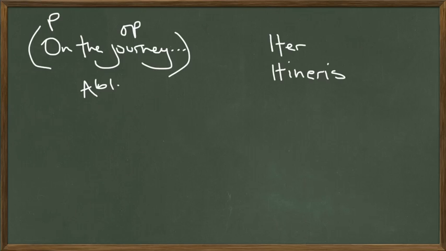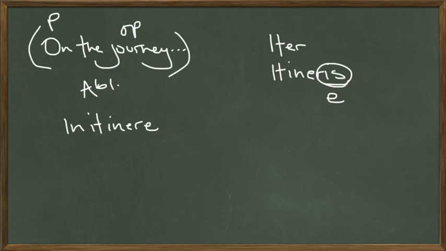To find the root, we simply drop the genitive ending and replace it with the ablative e, since we're on the journey, and this prepositional phrase would be in itinere, on the journey.